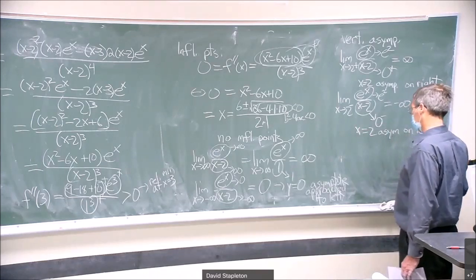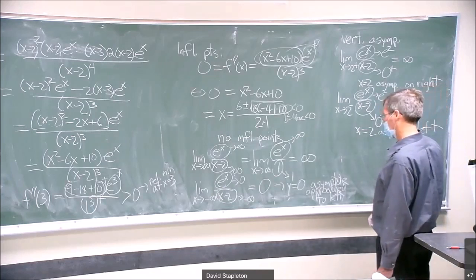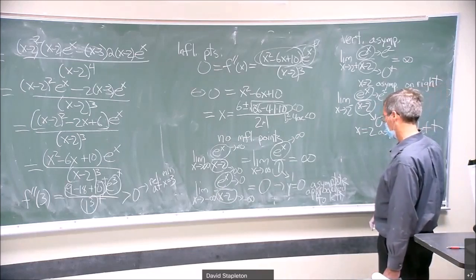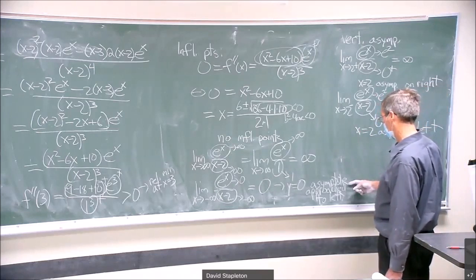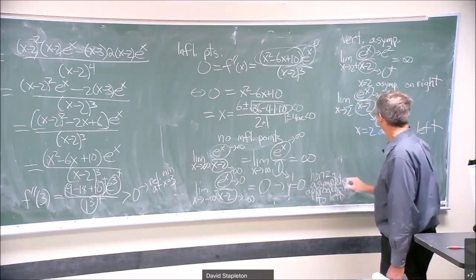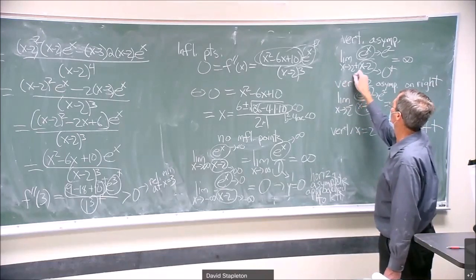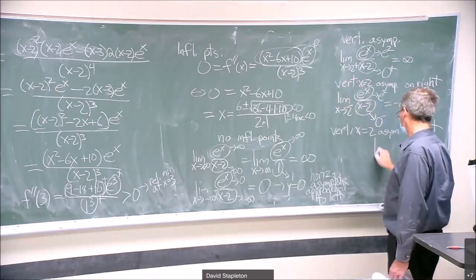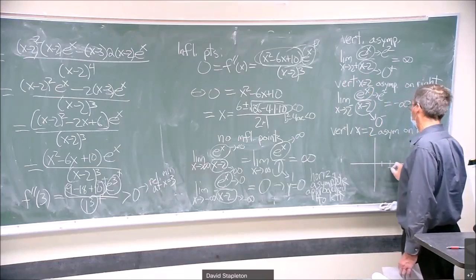Now I know what the graph looks like. So this was a horizontal asymptote here, I should put. This is a vertical asymptote. So I've got a vertical asymptote at x equals 2.